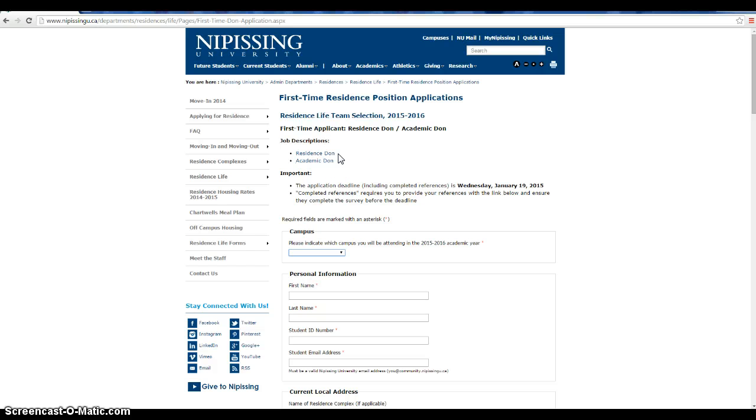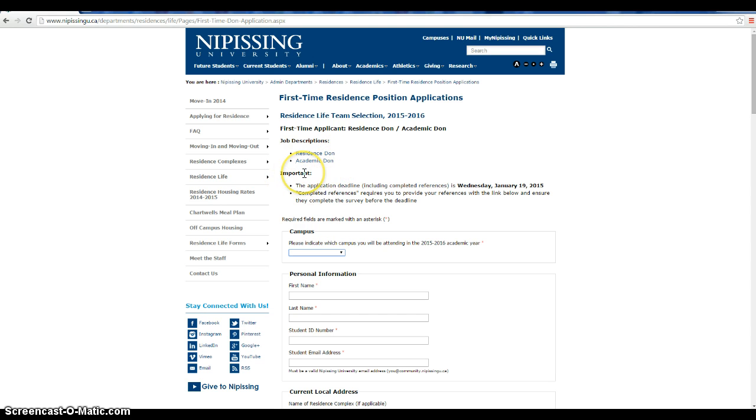Please review these thoroughly, as many of the details of the position and the expectations are listed. Oftentimes, students see what their Residence Don or Academic Don does publicly, but don't see the expectations that they're doing behind the scenes. So please read these thoroughly.